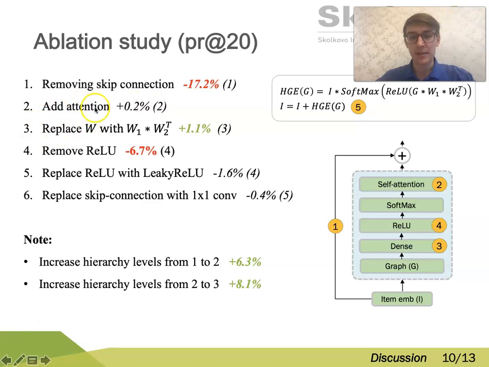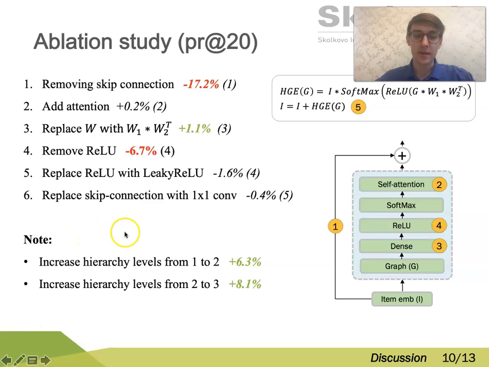Also, we replaced the weighting matrix W with learnable parameters W1 and W2. W1 and W2 is a matrix factorization of W, and it led to faster training, faster predicting, and moreover plus 1% of precision at 20. We also tried some other ablation studies.